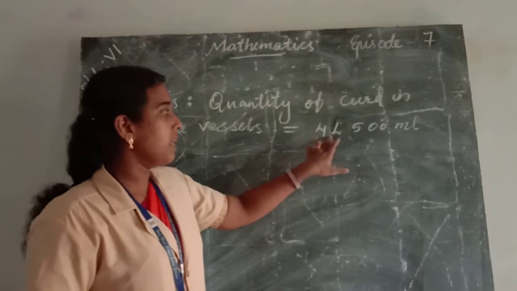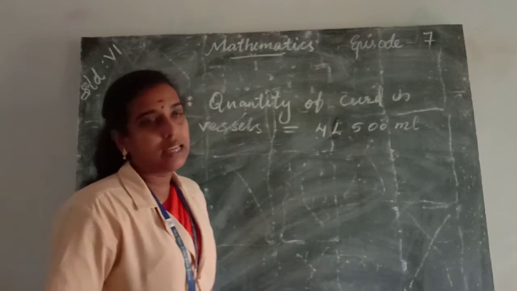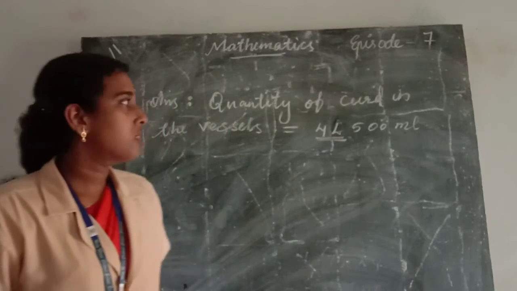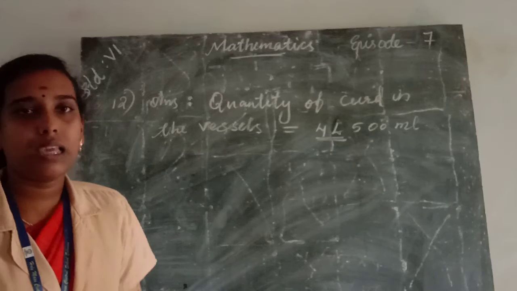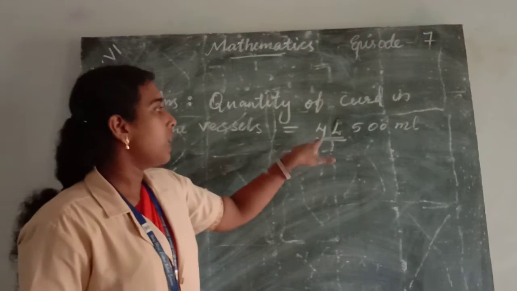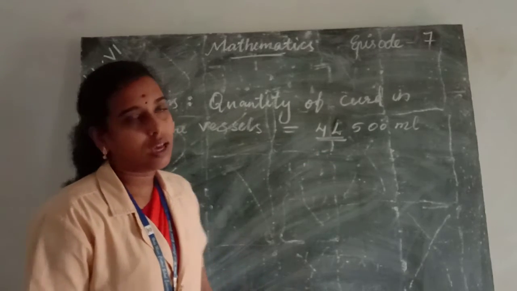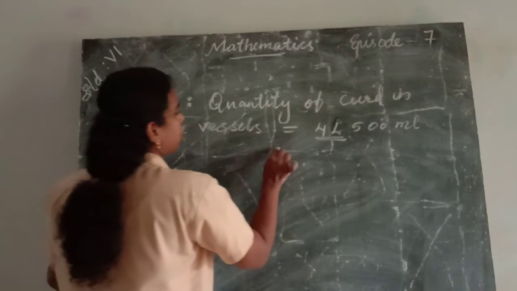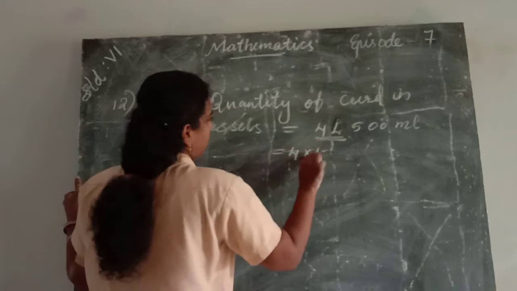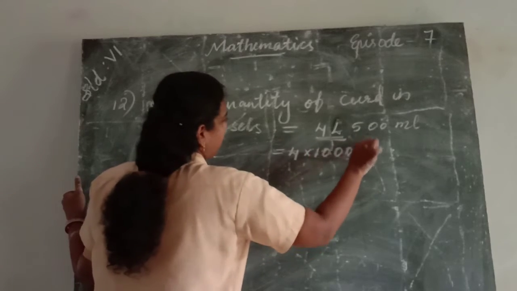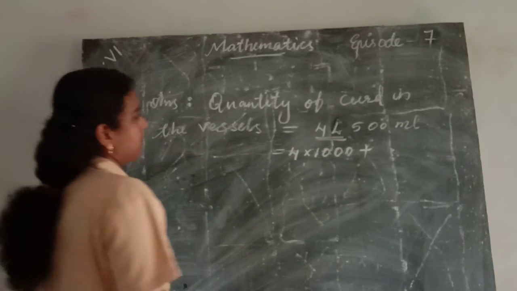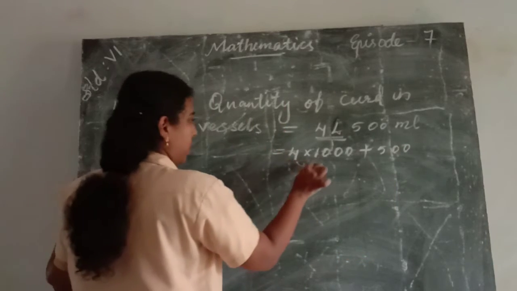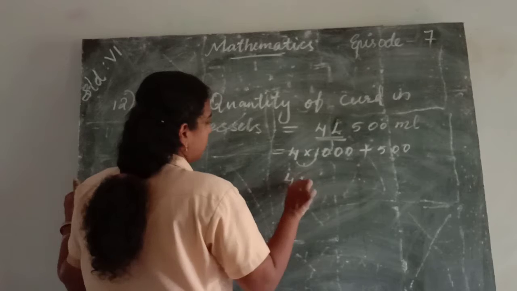Here 4 is in liter and 500 is in milliliter, and we convert liter into milliliter. So converting liters into milliliters, we multiply the number of liters by 1000. Here 4 is in liters, so we multiply 4 into 1000, and we add the numbers in milliliter, that is 500. 4 into 1000, 1 into 4 is 4, and here 3 zeros.